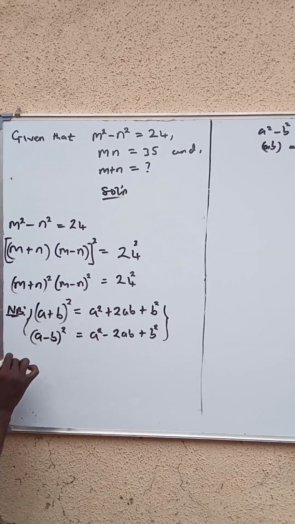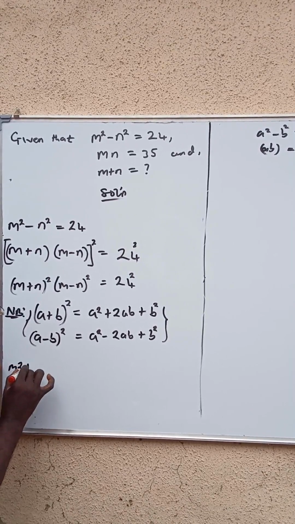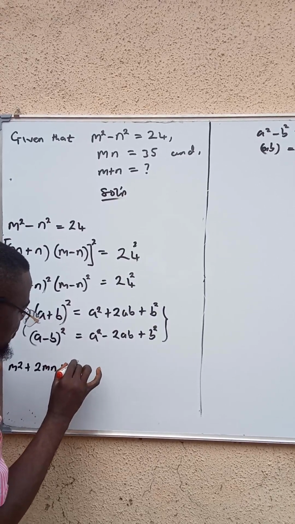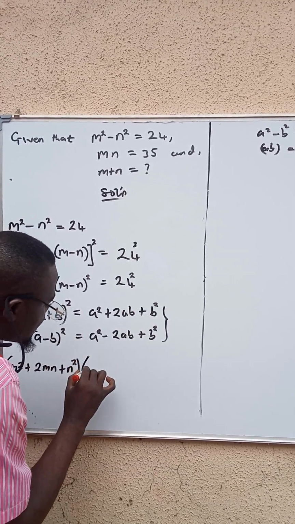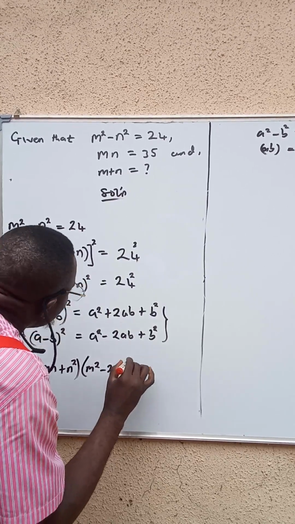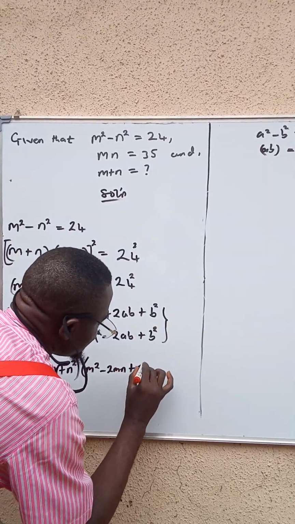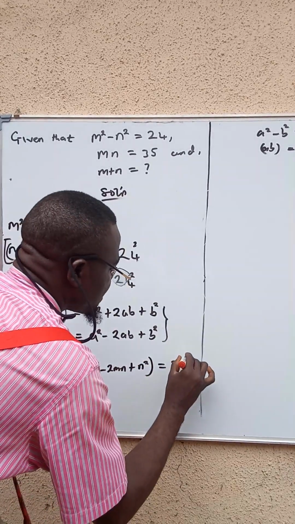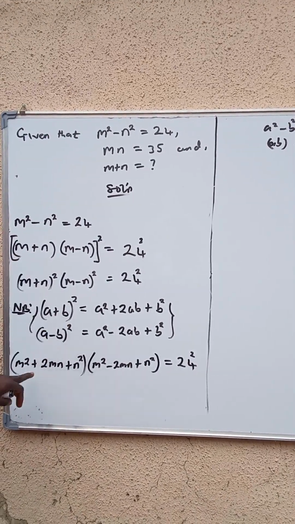That will now give me m squared plus 2mn plus n squared, times m squared minus 2mn plus n squared, all equal to 24 squared.